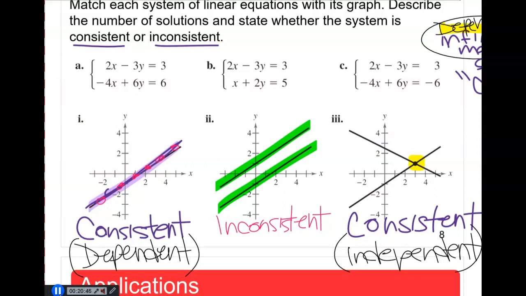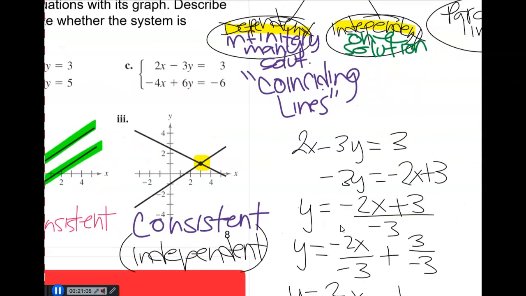So let's see. What we're going to be checking for is the slope. One thing we can do to check the slopes is to solve for y.